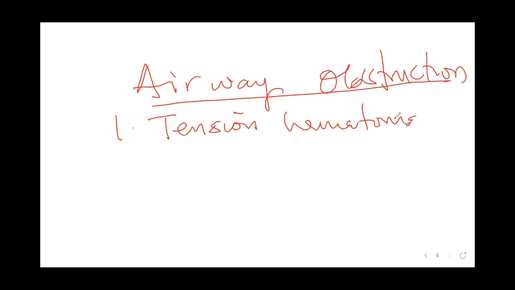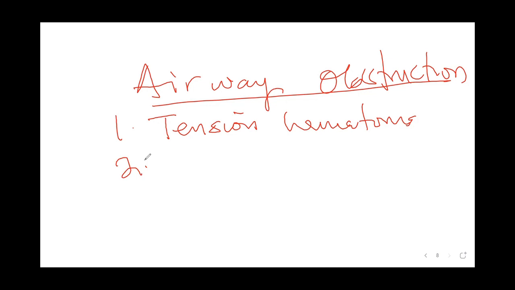Hemostasis is secured and the wound closed, and this is done in the theater. Patients have to be intubated and hemostasis secured, and closed. Tension hematoma is a cause of airway obstruction.